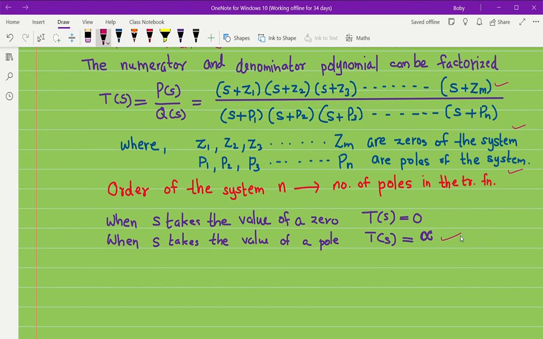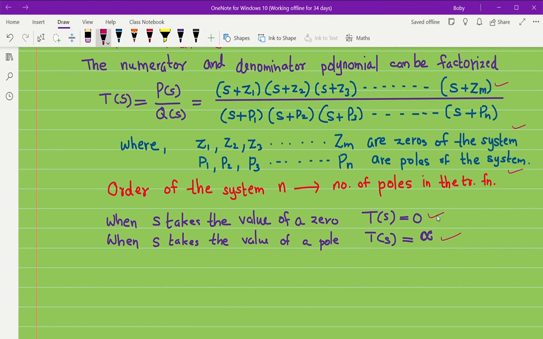When s takes the value of a zero, then this factor becomes 0, and 0 multiplied by the other factors is equal to 0. The numerator equal to 0 means T of s equal to 0.